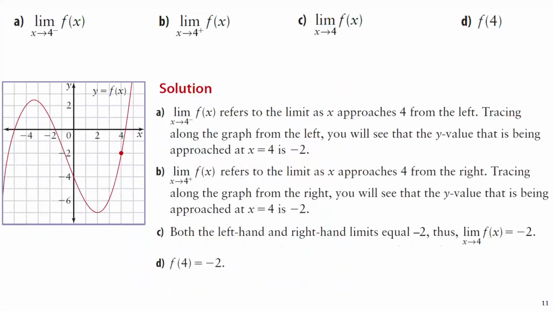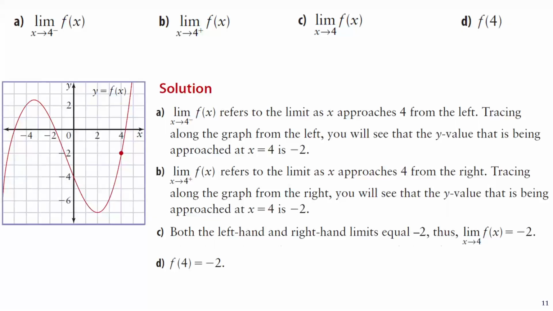Alright, let's have a look at the solution together. First, the limit of f(x) when x approaches 4 from the negative side refers to the limit as x approaches 4 from the left side, right? So tracing along the graph from the left, we'll see that the y value being approached at x equals 4 is negative 2. Therefore, the left-side limit when x approaches 4 is negative 2, right?